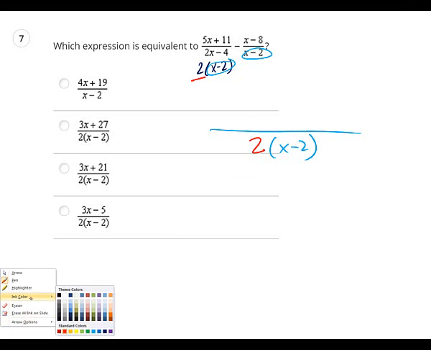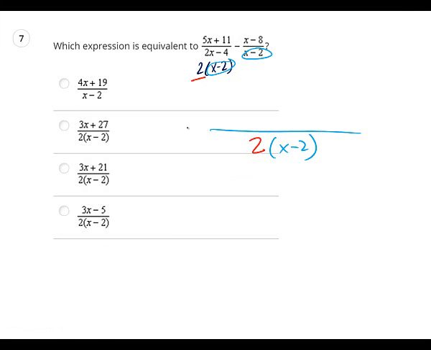So we need one blue and one red thing to multiply everything in the denominator here. Is there anything missing from this denominator that's in the common denominator? No. So I get to write down 5x plus 11. What's missing from this denominator? 2. So I'm multiplying not just by 2, but by negative 2. So negative 2 times x is what?